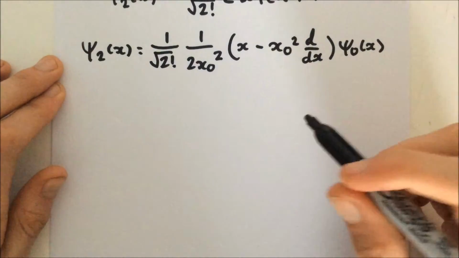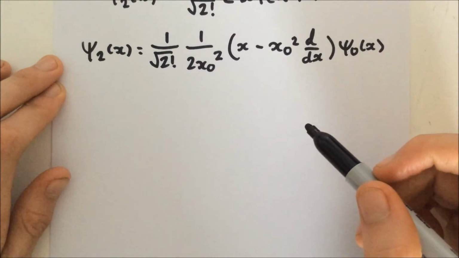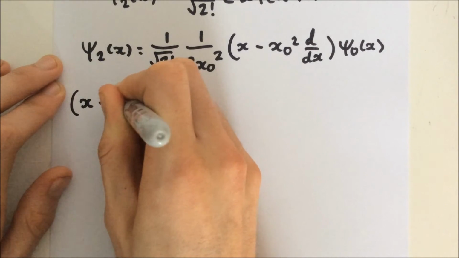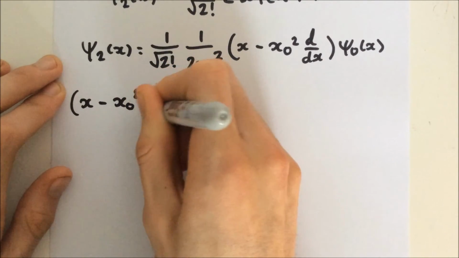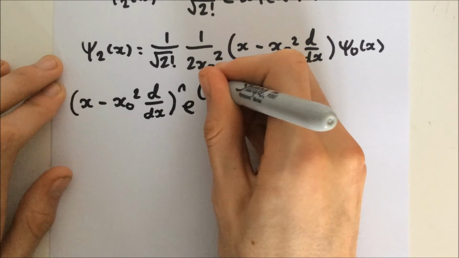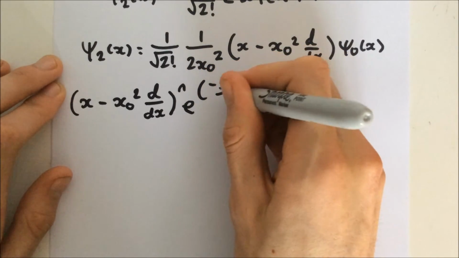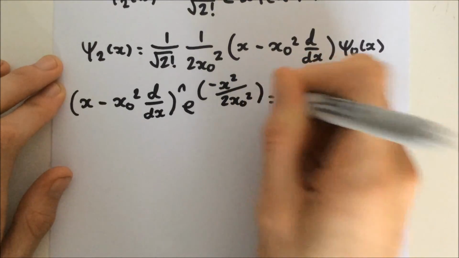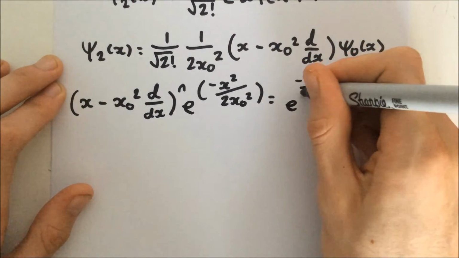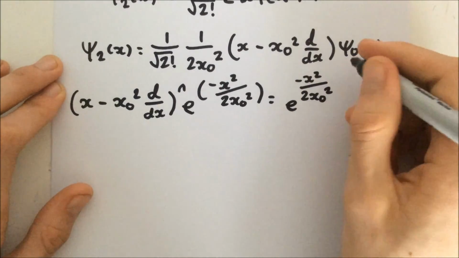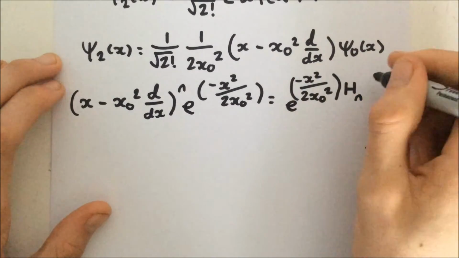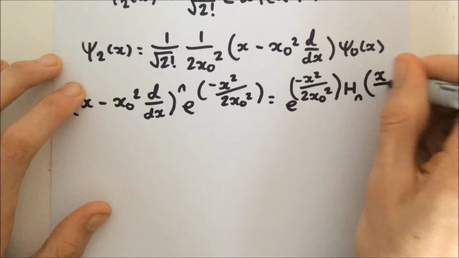To solve this general differential equation, you make use of the fact that (x minus x naught squared d/dx) to the power n, multiplied by e to the power negative x squared divided by 2x naught squared, is equal to e to the power of negative x squared divided by 2x naught squared, as usual, times H_n of x divided by x naught.